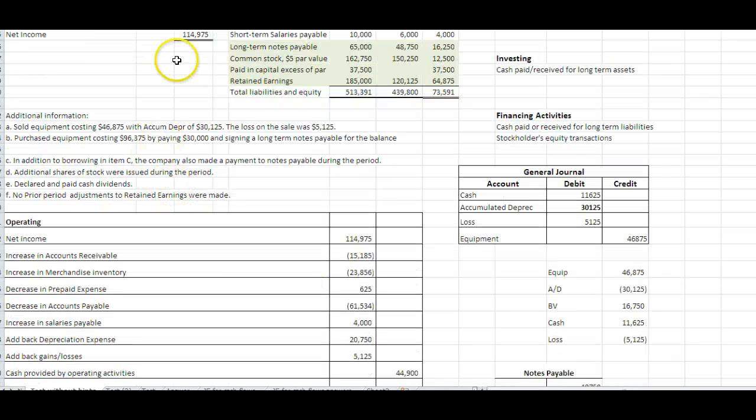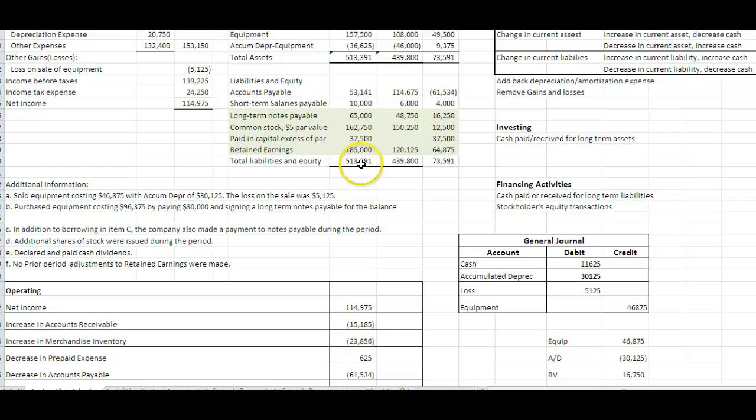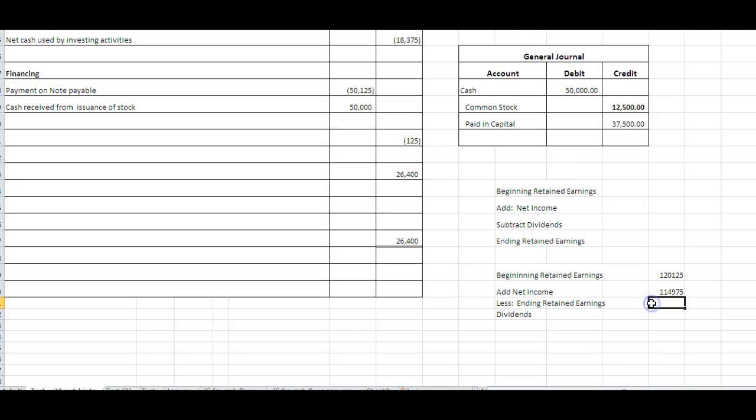My net income from my income statement is $114,975. My ending retained earnings is $185,000. So when I add that and subtract out ending, I find out that my dividends were $50,100. Cash paid for dividends is $50,000. I paid it, so I minus it. Then I can find out that my cash used for financing activities is $50,225.